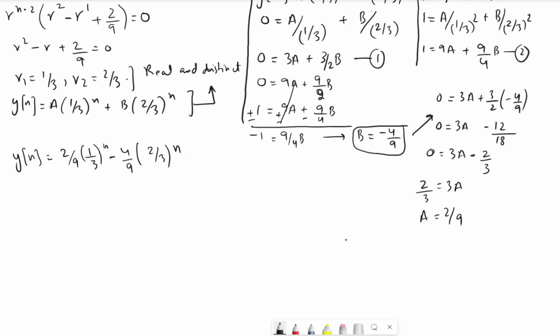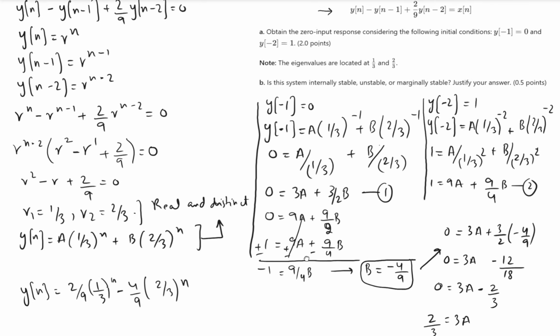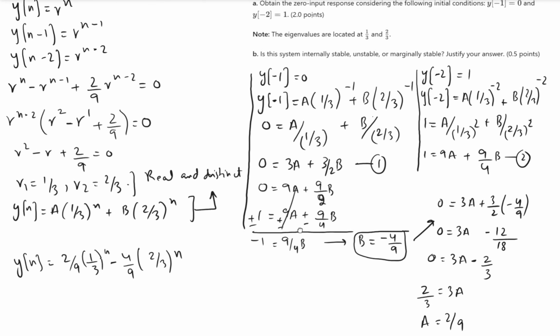So this is our y of n. So we have obtained the y of n from the given difference equation. We got our first result. We obtained the zero input response. It is a zero input response because the input was 0.